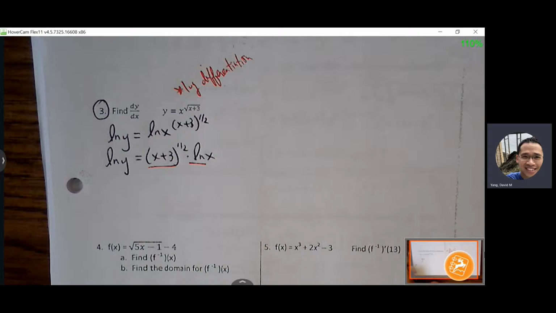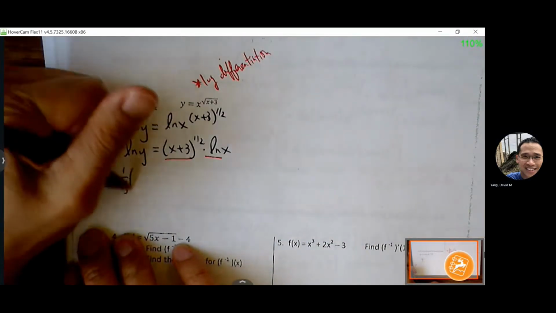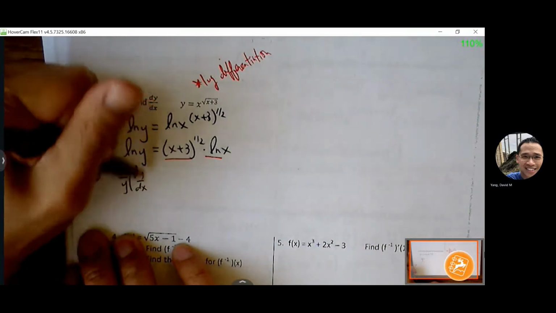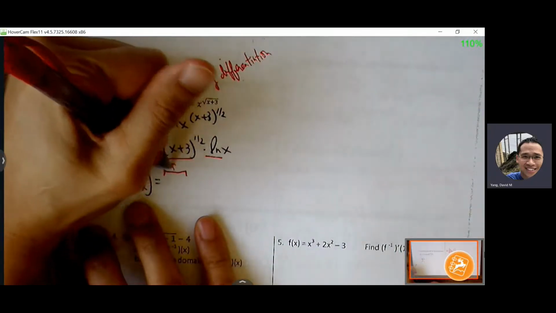Yeah, you got to remember, if you want to do log differentiation where you're going through this type of method, you got a variable raised to a variable, there's always a product rule that's going to pop up. Okay, left side is 1 over y dy dx. Okay, f prime g plus f g prime.